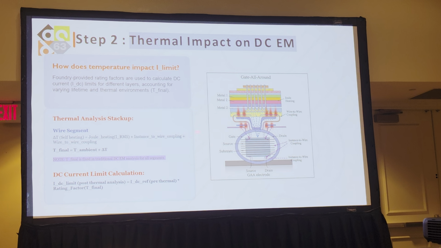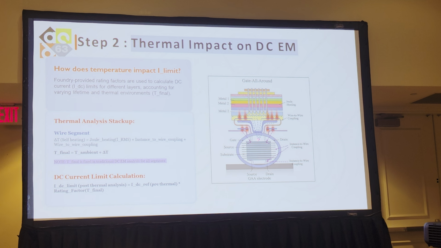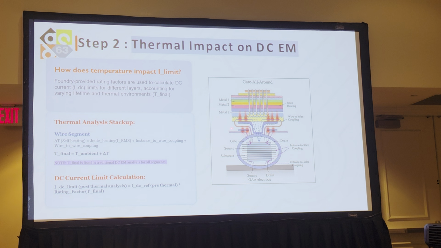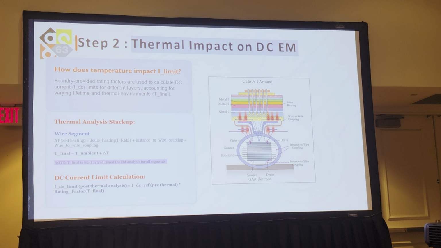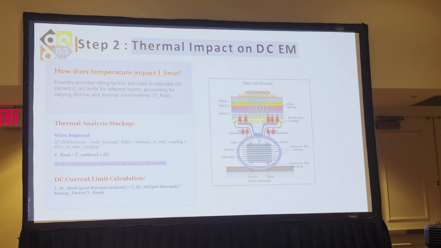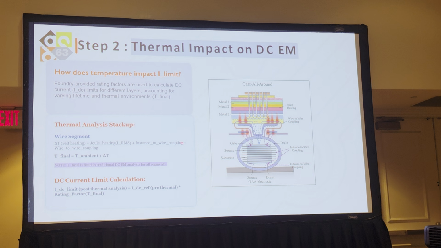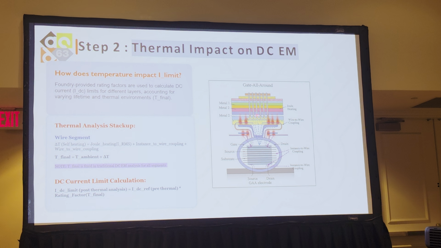And instance to wire coupling is when an instance or the transistor consumes some amount of power, it dissipates the heat. And some amount of heat will be coupled to the metal layers. The lower metal layers will have high impact and the top metal layers will have less impact. So that coupling factor will be considered here. And wire-to-wire coupling is the heating coupling impact between the wires.